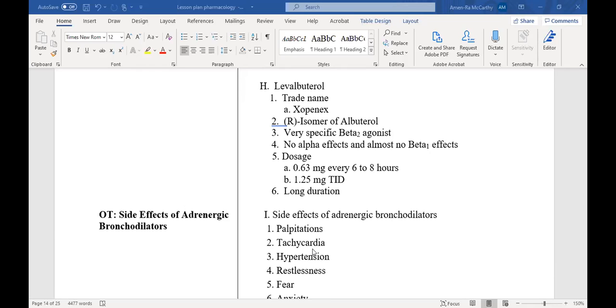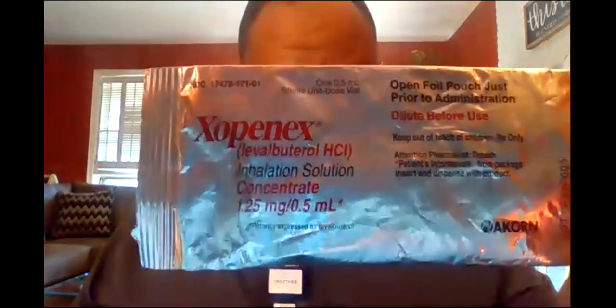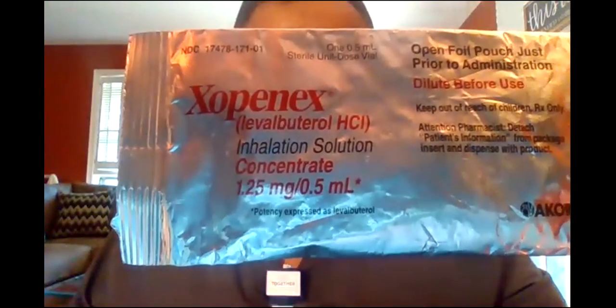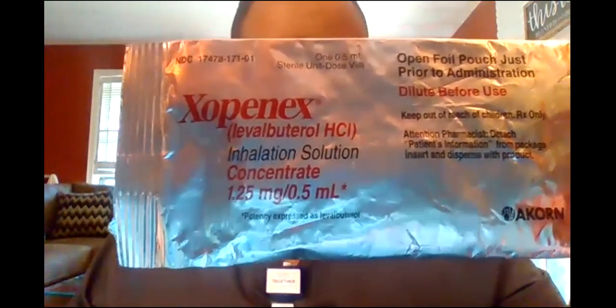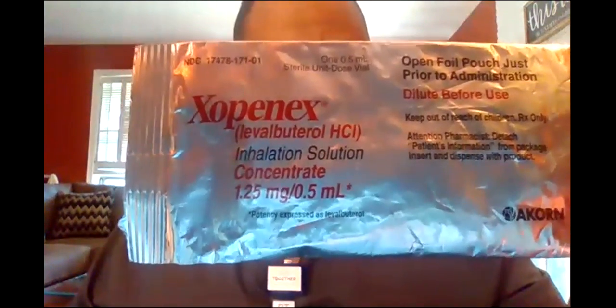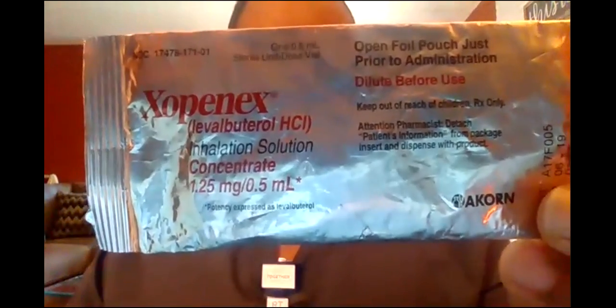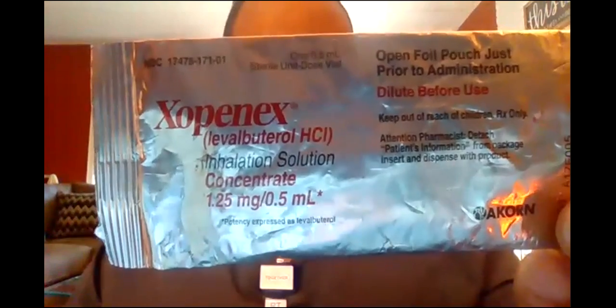So this one here, this Xopenex, what is the strength of this Xopenex? 1.25 milligrams per every half a cc. So for half a cc, you're going to get 1.25 milligrams. What's the concentration of the solution then?